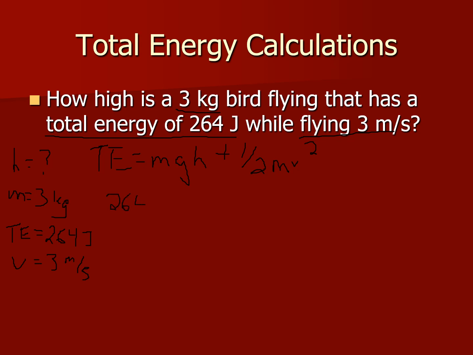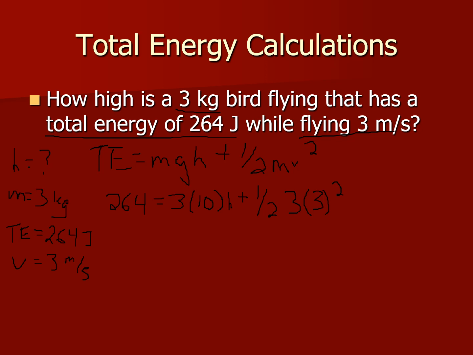264 goes in for the TE. The mass is 3. G is gravity, in this case positive 10. H, that's what we're looking for, so that's going to be our variable. Plus 1/2, the mass is 3 and the velocity is also 3, 3 squared.